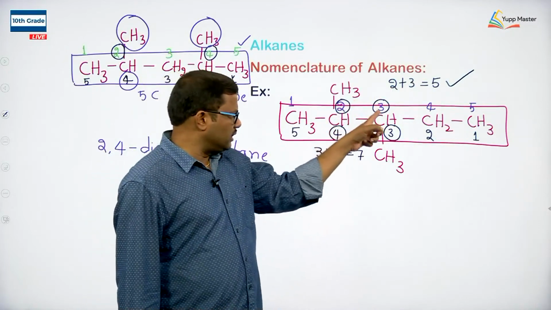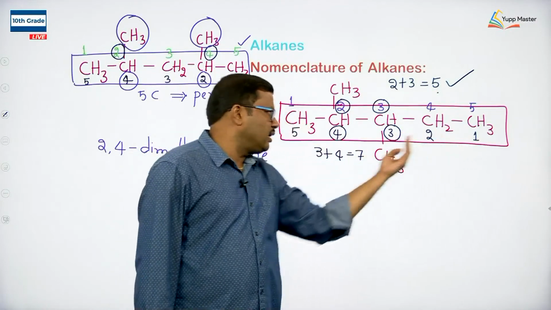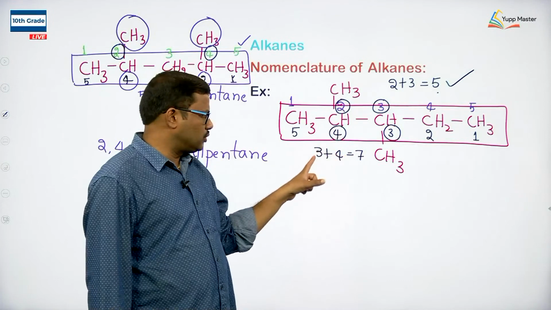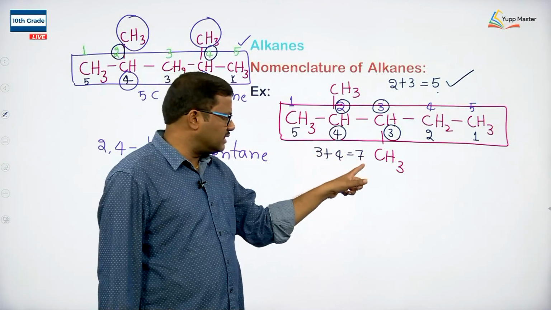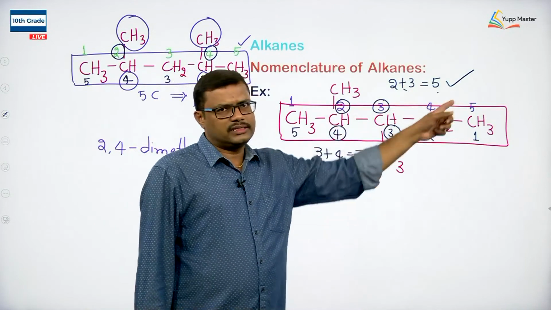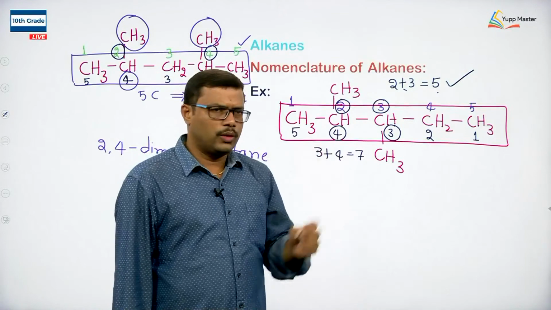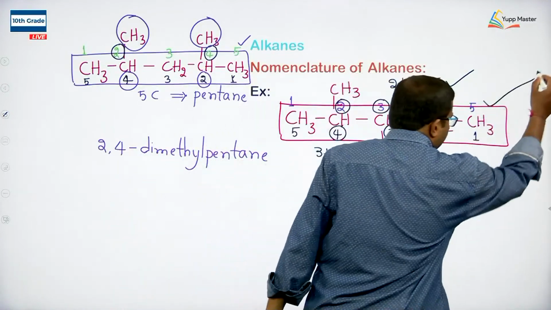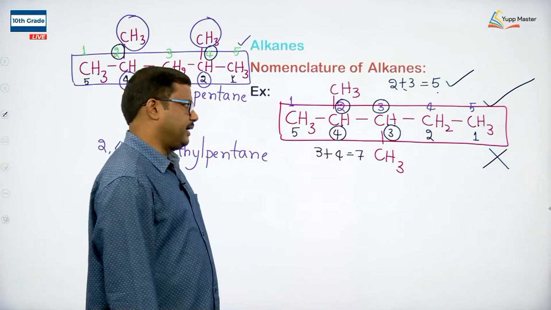So 2 plus 3, 5 is the lowest sum, whereas if I am coming from right to left, in that case the third carbon and fourth carbon have the substitution, so 3 plus 4, the sum is equal to 7. So the sum of the locants is 7 in this case, and in one direction it is 5. So we should always prefer the lowest sum rule, okay. So this first way of numbering is correct, the other way of numbering is wrong, right.